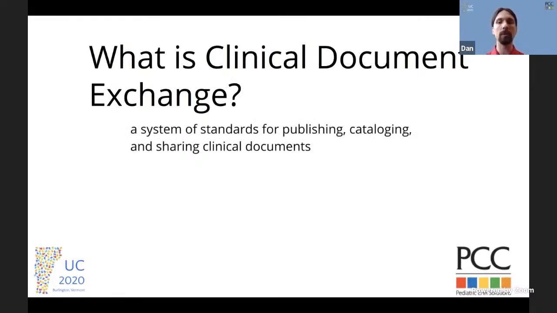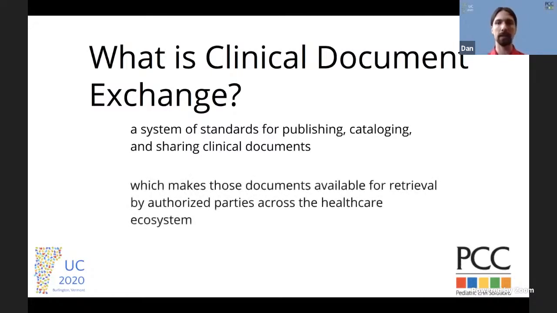So really what it is, it is a system of standards for publishing, cataloging, and sharing clinical documents. Clinical documents, just to be clear, is generally defined as anything which is related to the patient's clinical history, but usually means CCDAs. This system of standards allows those documents to be available for retrieval by authorized parties.